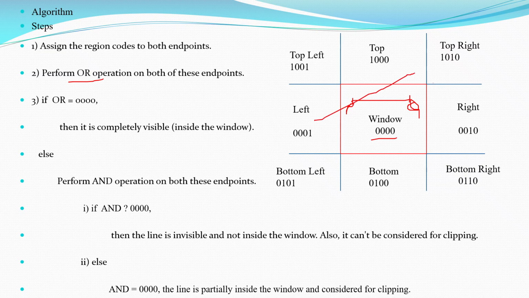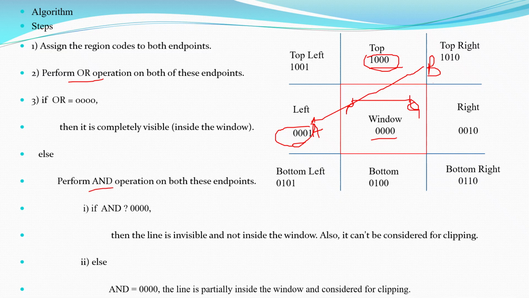If a line is like this, this is your line A and B. Second line, this is. First, what we have to do is take the region value of A. 0001 is there and B is 0100. So we see that a 1 appears in the 4-digit binary code, so we have to perform an AND operation.